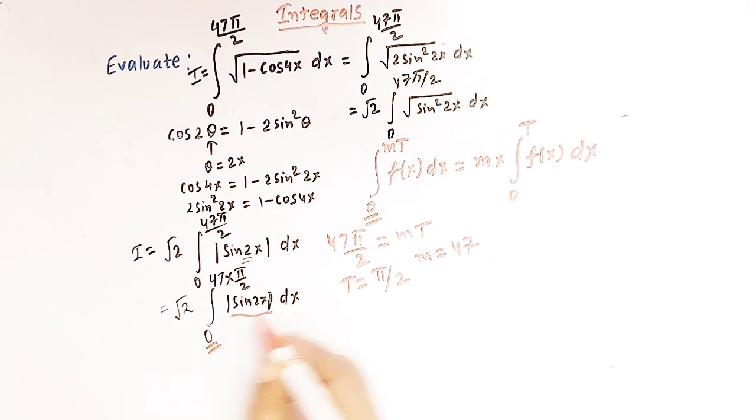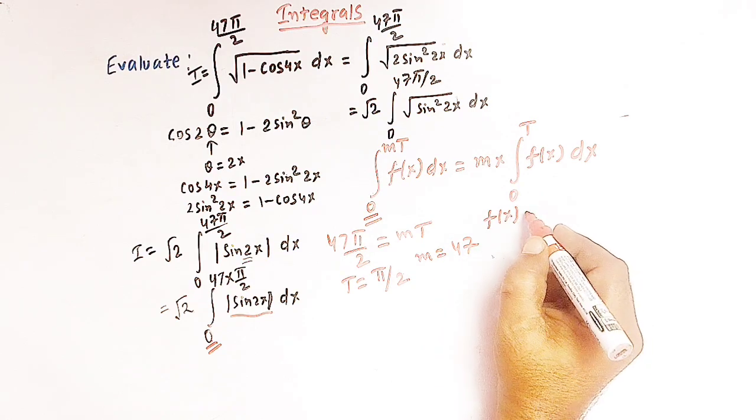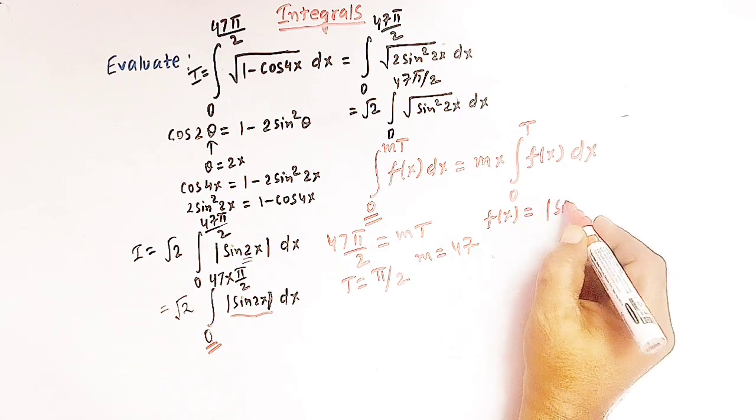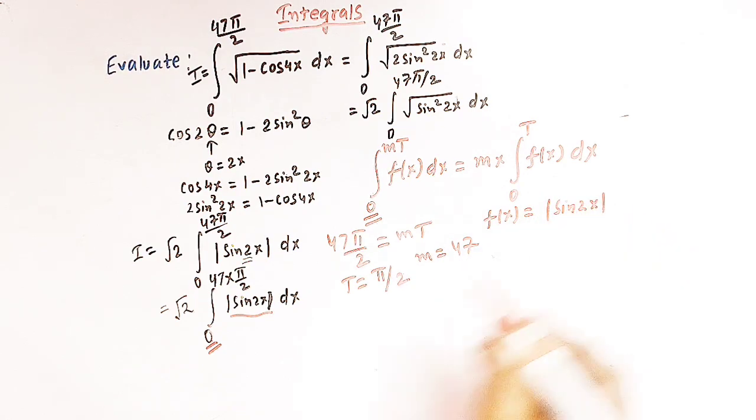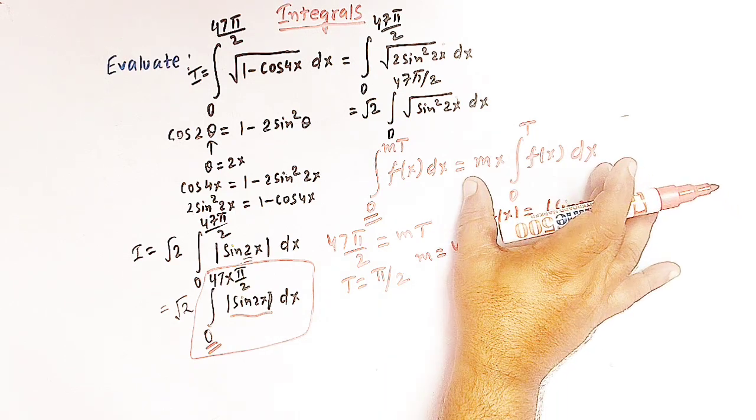And obviously here this periodic function f of x is given by mod of sine 2x, right? Okay, so now the value of this integral is given by this expression.